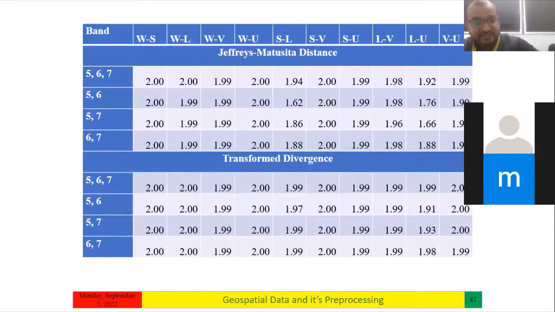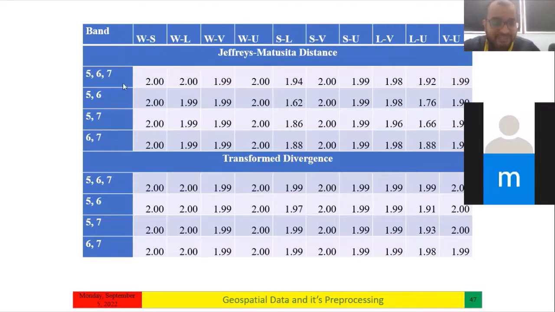Here I have taken different combinations. This is part of my research also, and I have shown that 5, 6, 7 are 3 different imageries. So we have the 5, 6, 7 combination, the 5, 6 band combination, 5, 7, and 6, 7, and we have considered 5 different earth features: water, sand, land, vegetation, and urban.